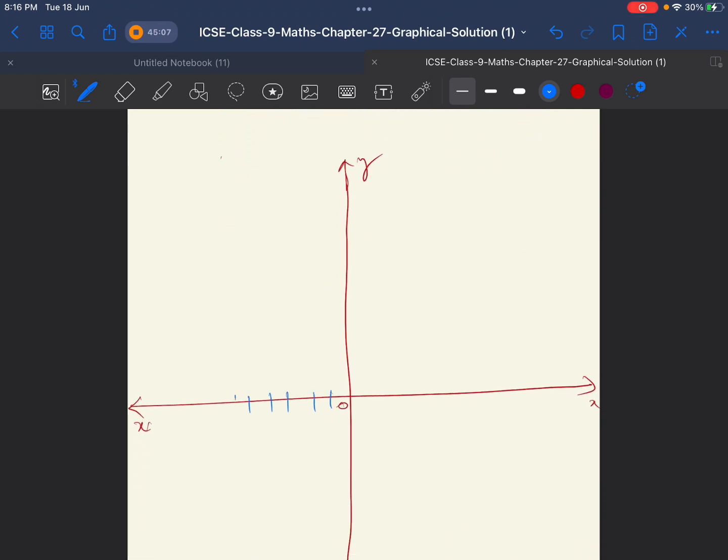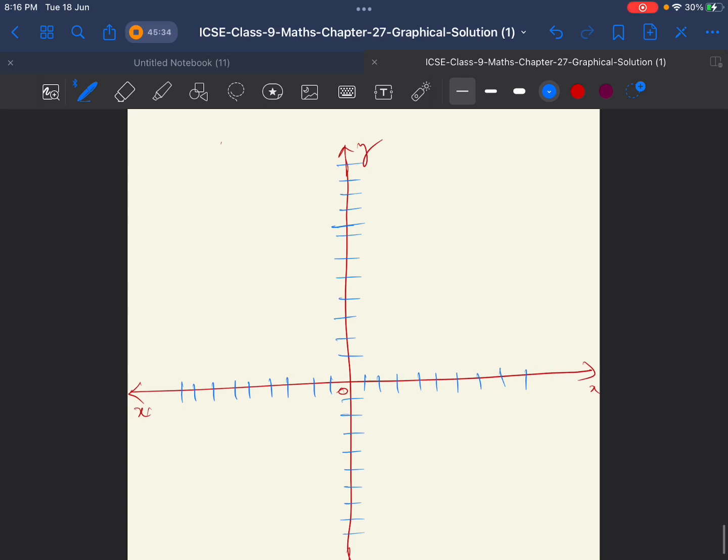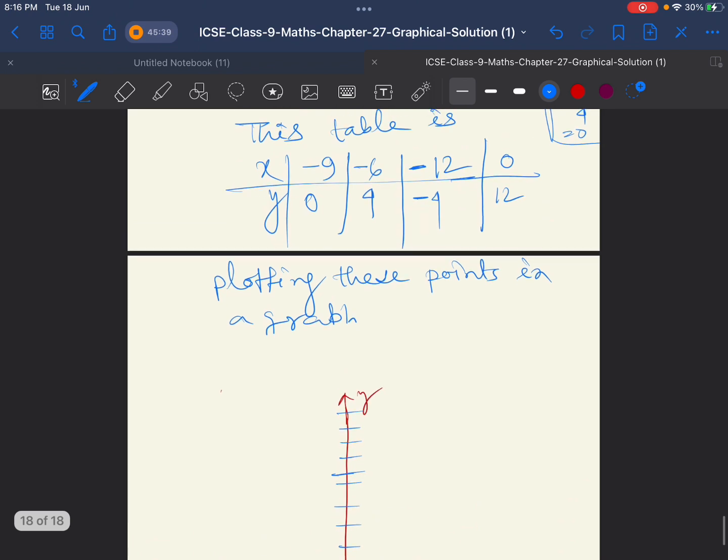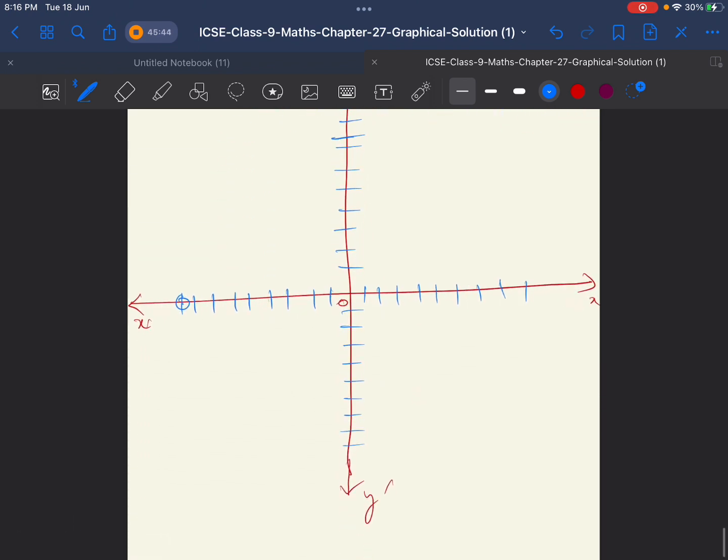So now we take 3 points, minus 9, 0. Okay, so first we plot this point, minus 9, 0, counting 1 2 3 4 5 6 7 8 9.